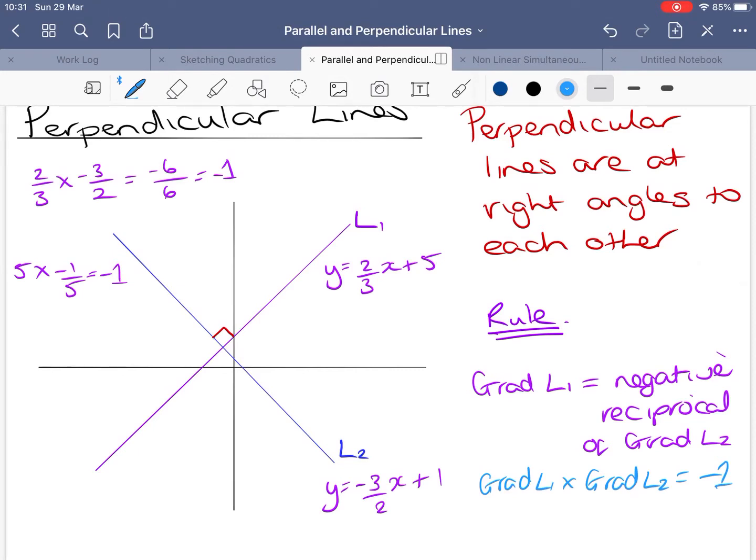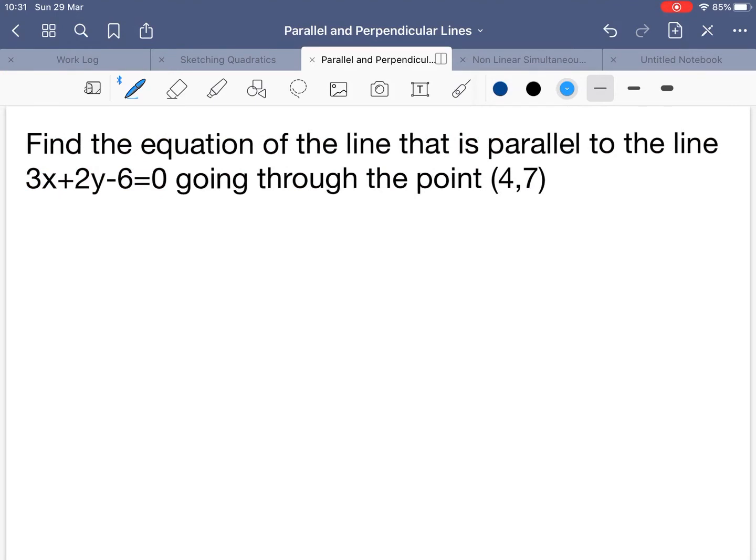So for today's lesson, I'm just going to go through about 5 examples of the type of questions that they could ask you. Okay, so let's have a look. Find the equation of the line that is parallel to the line 3x plus 2y minus 6 equals 0, going through the point (4, 7).